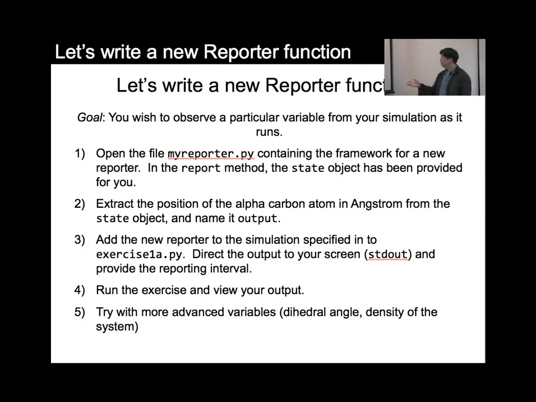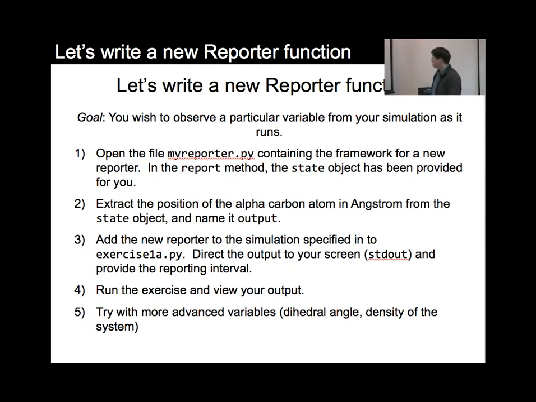If you look at your PDB file, you can probably identify the atom index of the alpha carbon. So make sure, after getting your positions, to get just the position of the alpha carbon atom, which is going to be one of the values in the list of positions.